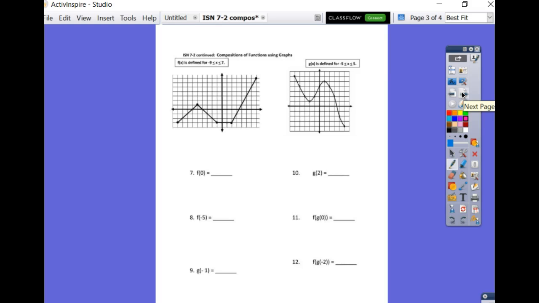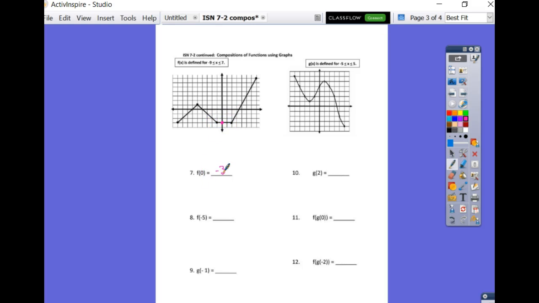Another way to find your answers is the same thing, except this time it's a graph. So I want to know what's f of 0. So which one of these is f? This is f. And my x value is 0. So what's the y value?